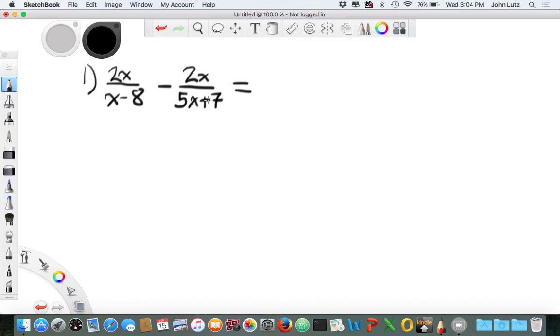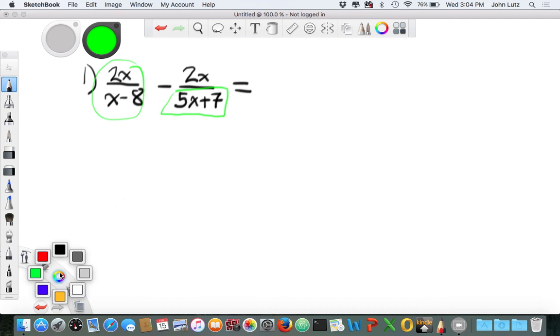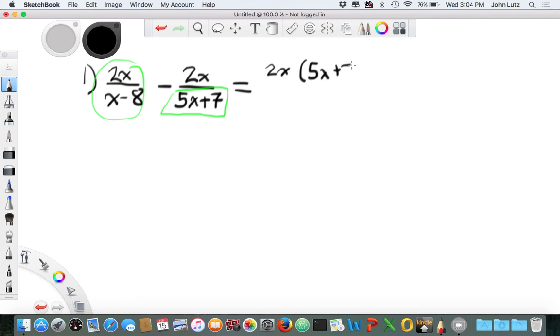The way that we're going to do that is we're going to take this fraction right here and multiply both the top and the bottom of that fraction by this denominator right here. Okay? So we're going to start by saying that you have 2x times 5x plus 7 on the top over x minus 8 times 5x plus 7 on the bottom.